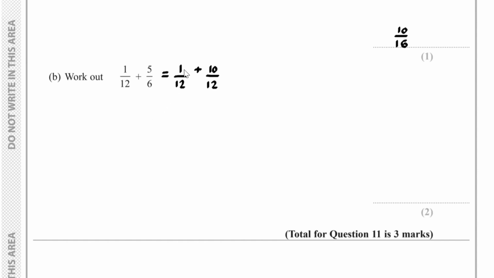So what we are working out is 1/12 plus 10/12, which is the same as 1 plus 10 on the top and 12 on the bottom. We get 11/12. So we have 11/12.